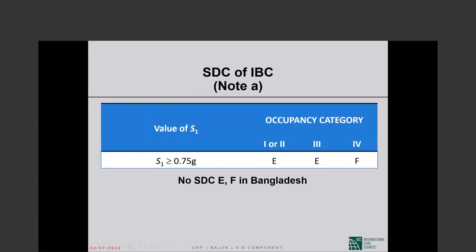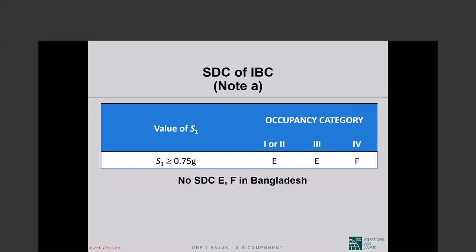If your site is located where S sub 1 can equal or exceed 75% of g, which can happen only in the vicinity of faults that can generate large earthquakes. Then non-essential facilities, occupancy categories 1, 2, and 3 are design category E, and essential facilities are design category F. So a hospital close to a fault that can generate large earthquakes will be design category F, as in Frank.